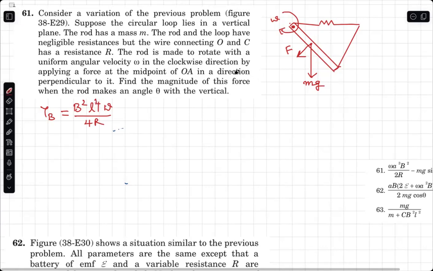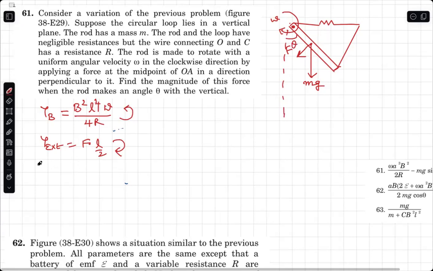Agreed, boys and girls. And apart from this, remember this is in the anti-clockwise sense. F is the external torque, F into L by 2. In which sense is it? Clockwise. And you are asking, find the magnitude of this force when the rod makes an angle theta with the vertical.